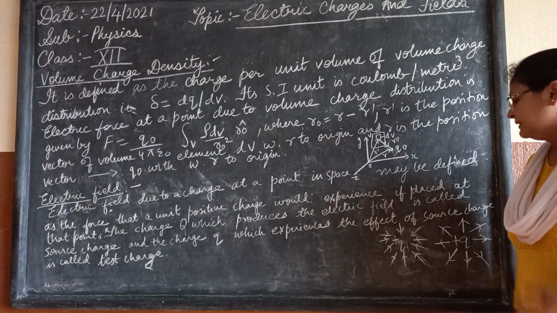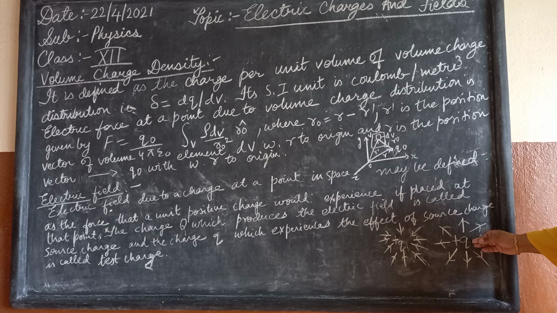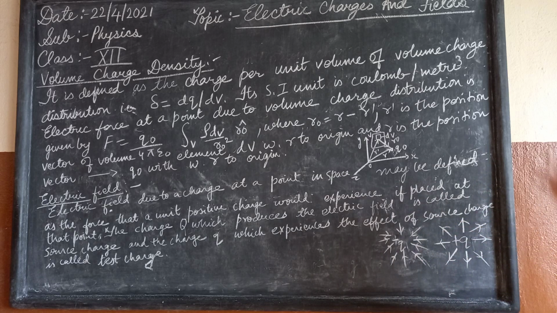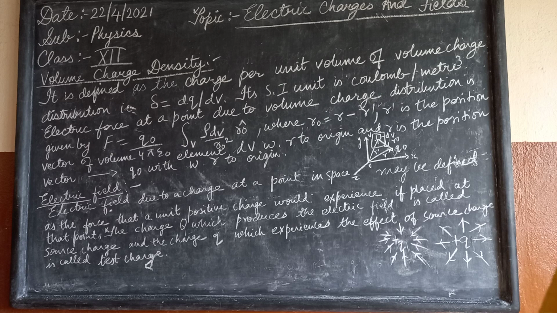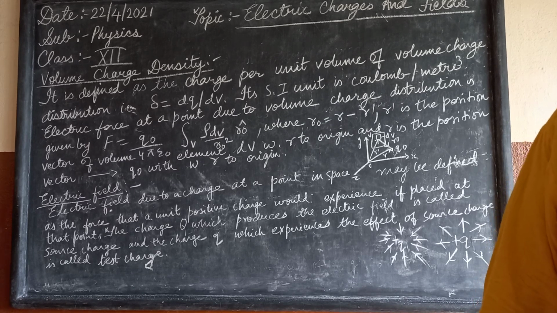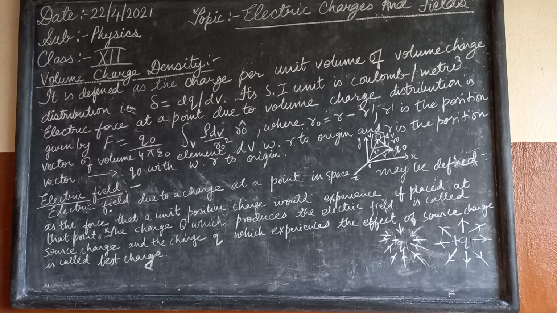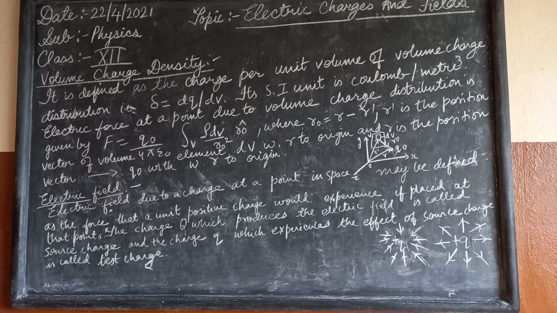We know that the field goes from the positive to the negative terminal. So near the negative charge it is inward, and near the positive charge it is outward, away from the positive charge itself. For a negative charge the field is directly inward.